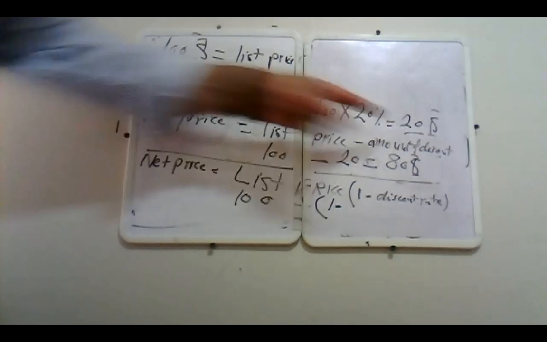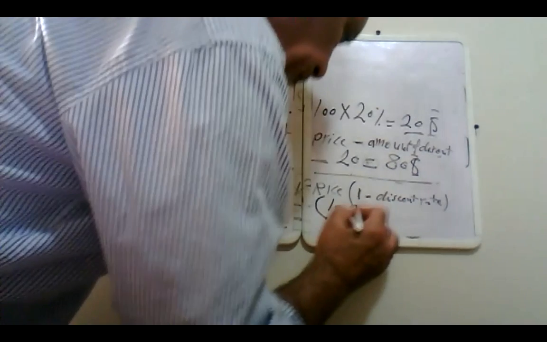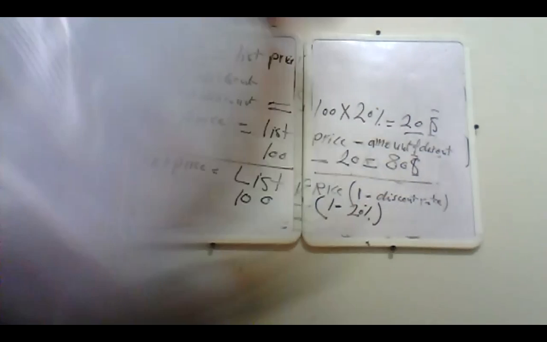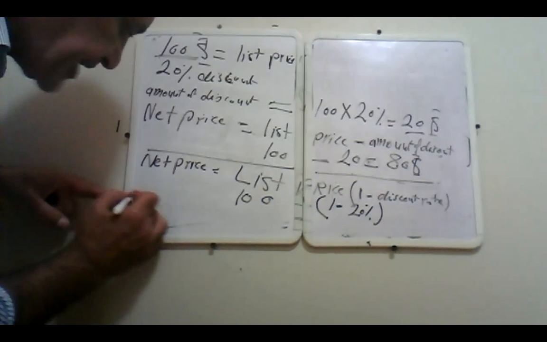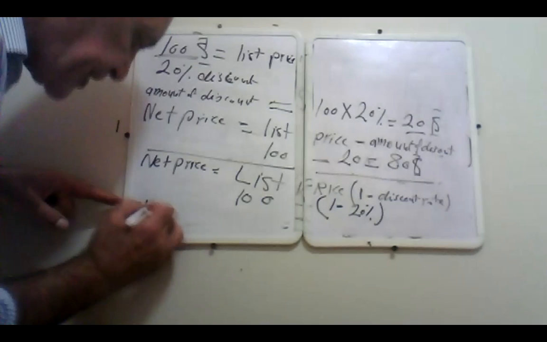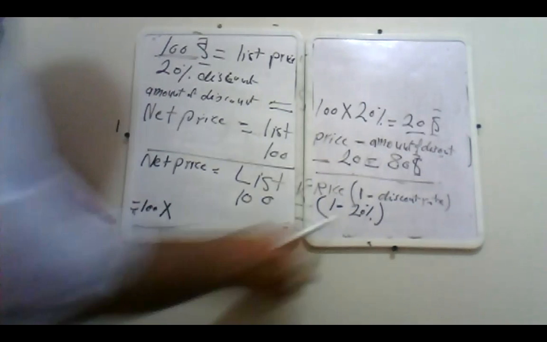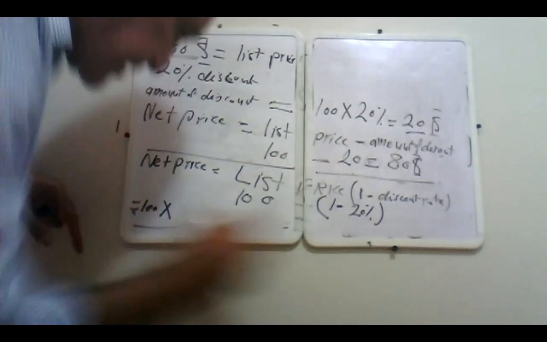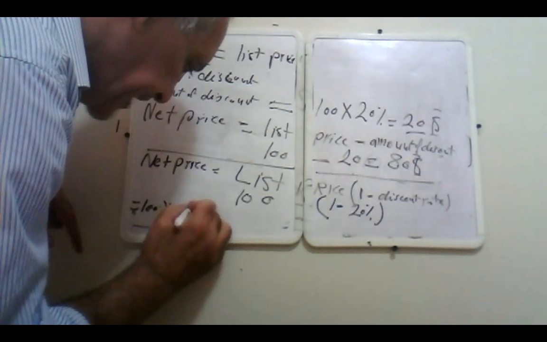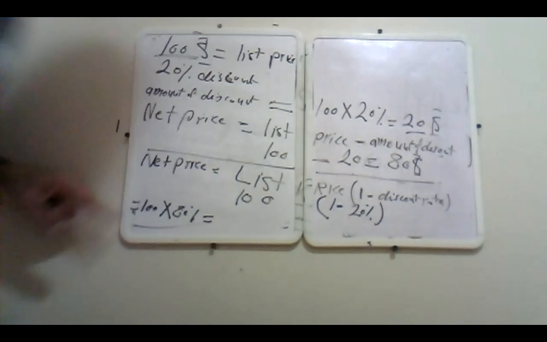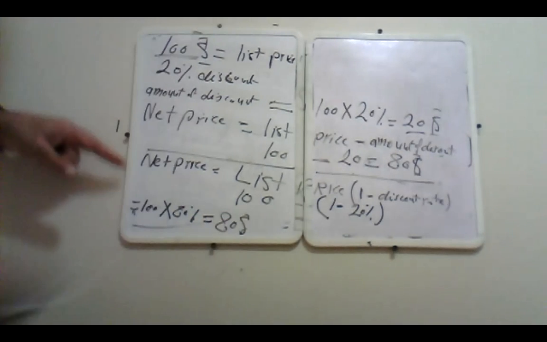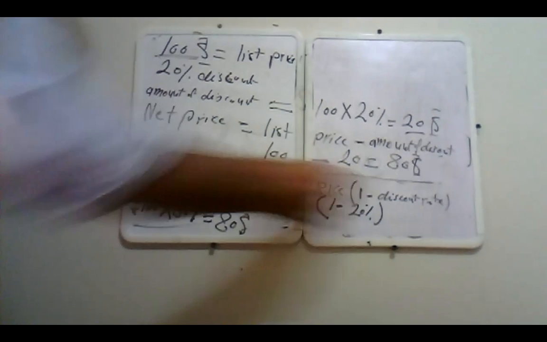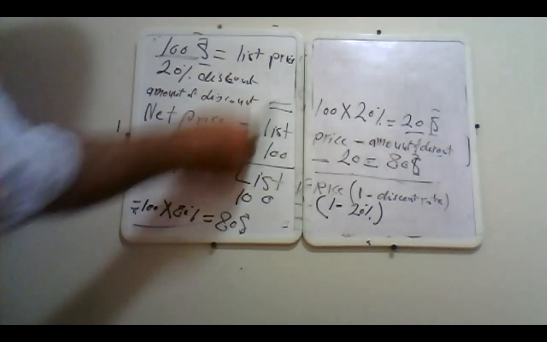The discount rate is 20%. Let me write it here. This equals $100 multiplied by 1 minus 20%, which means 80%. So this will give me $80, which is the same solution I got in two steps.